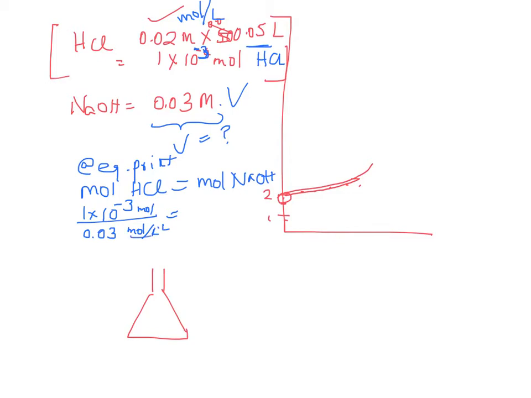So from here you would be able to get liter as the numerator. You would be able to determine your volume in liters, and that comes out to be 0.0333, or you can say 33.3 milliliters.